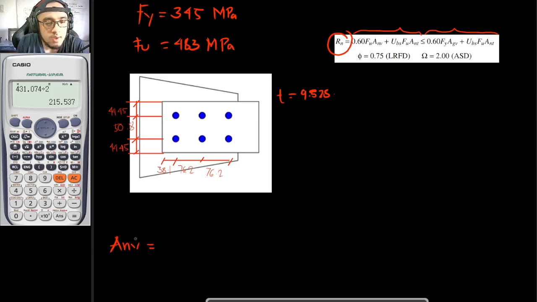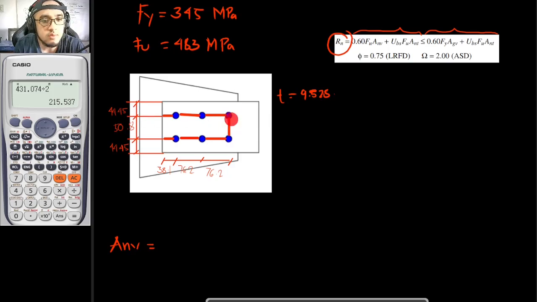Anv is to be your net shear area of your failure. Your failure can either be this one right here, or it can be this one right here. But by experience, I can see this is to be the governing failure, since 44.45 plus 44.45 is a lot greater than 50.8.